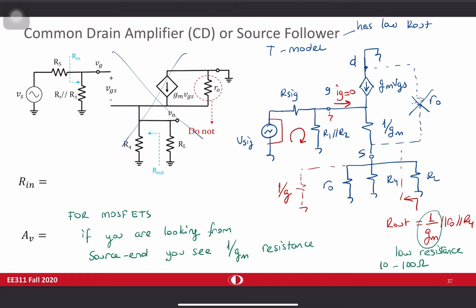You want to use this thing like a buffer, right? You don't achieve any gain. It has almost unity gain, but on the other hand, your output resistance is low, which means that you are matching your circuit to low load resistances. Remember the thing that I mentioned before. At the very beginning of the classes, I gave you this example.